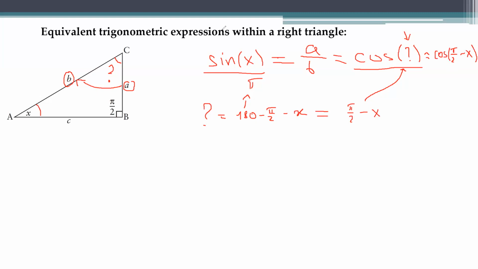Because you ask how 180 is pi? 180 is an expression of an angle in degrees, and pi is an expression of an angle in radians. I convert degrees to radians in order to perform subtraction.